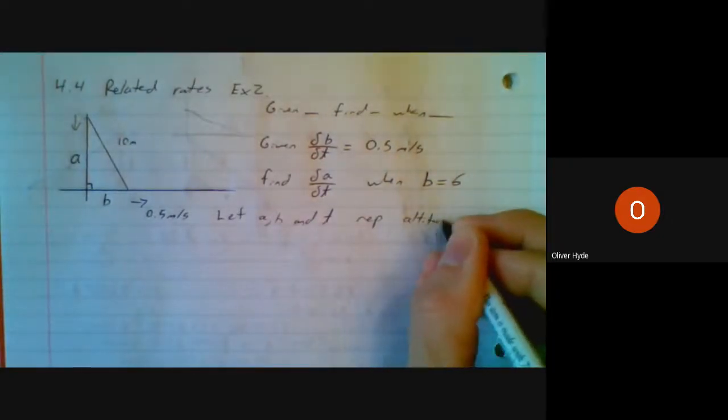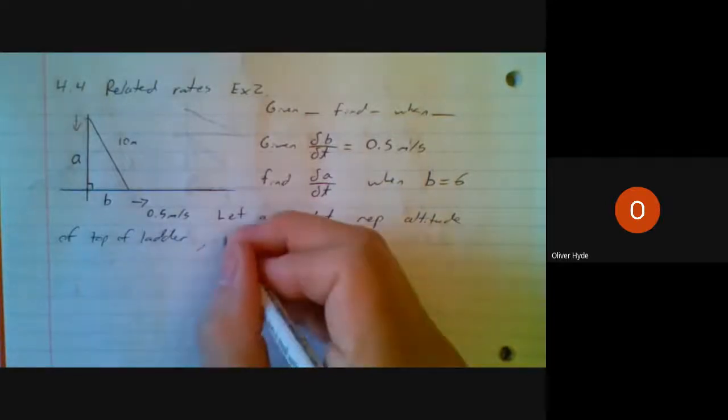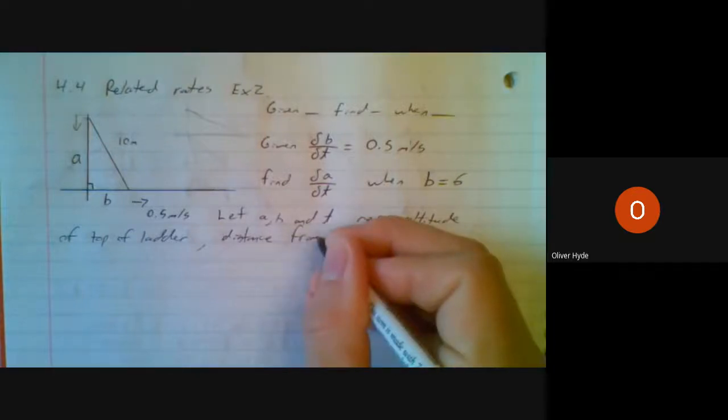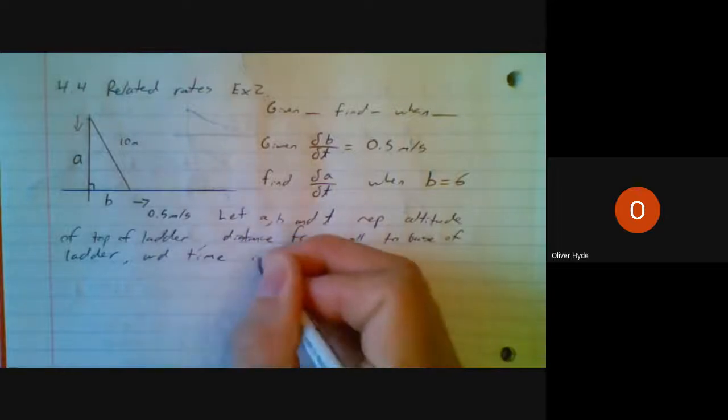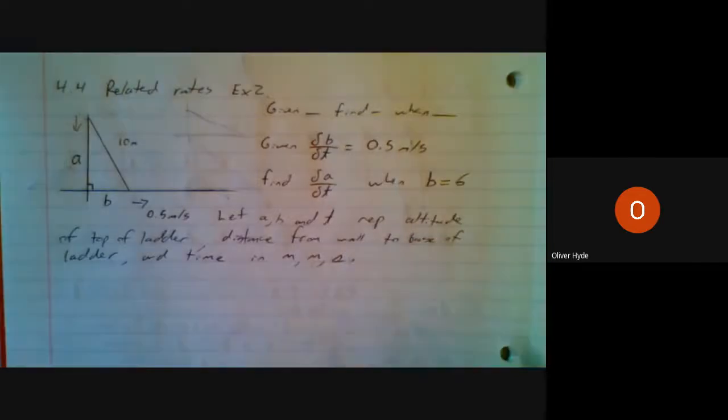So let's let A, B, and T represent the altitude of the top of the ladder, the distance from the wall to the base of the ladder, and time. A is in meters, B is in meters, T is in seconds.